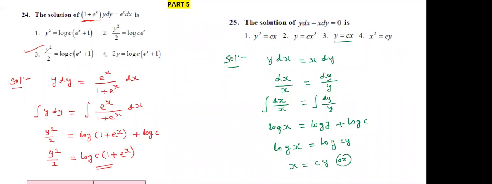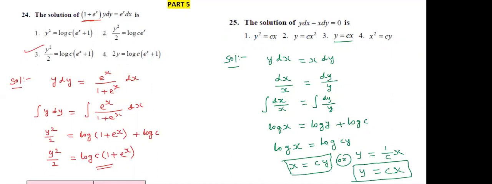Sending the constant to the left hand side, you will get y is equal to 1 by c into x. c is a constant, so 1 by c is also a constant. So x is equal to cy is correct and y is equal to cx is also correct. Both are correct. By observing the options, the third option is correct.